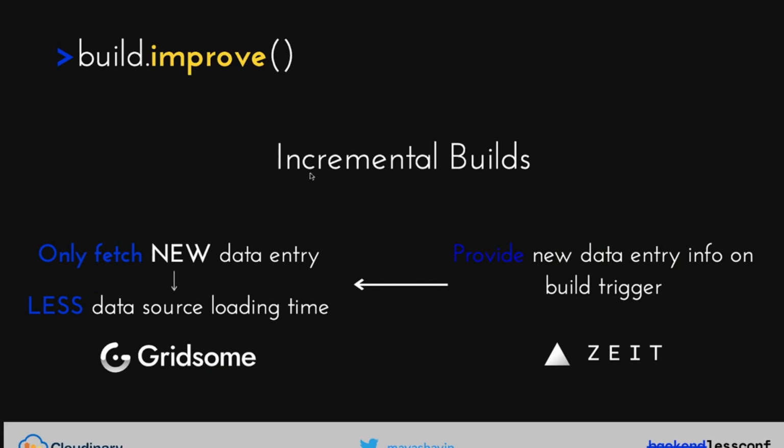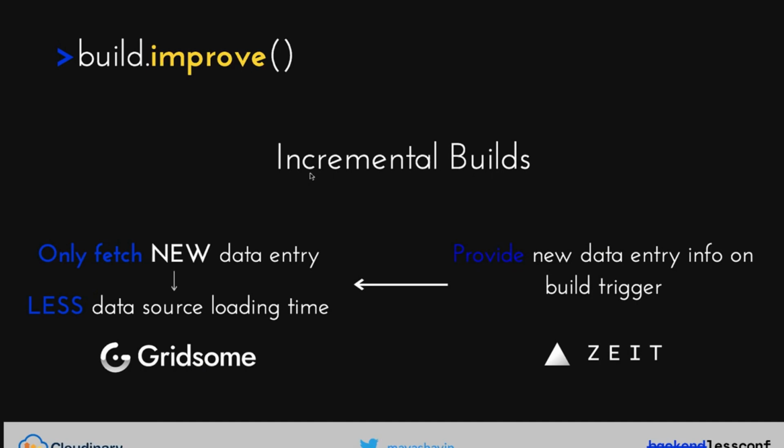For example, in the Gridsome situation, one of the suggestions is that we only fetch the new data entry from the database instead of fetching every time, because anyway, you already have all the data loaded from the previous build. This means you have less data source loading time. You don't need to load about 10,000 data entries anymore. You only need to load 1 or 2 new data entries and try to build the pages for these specific data entries.